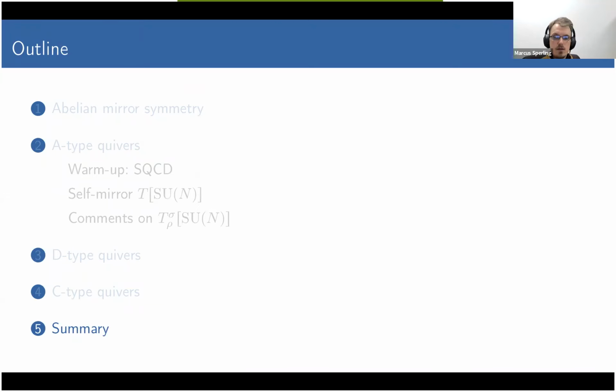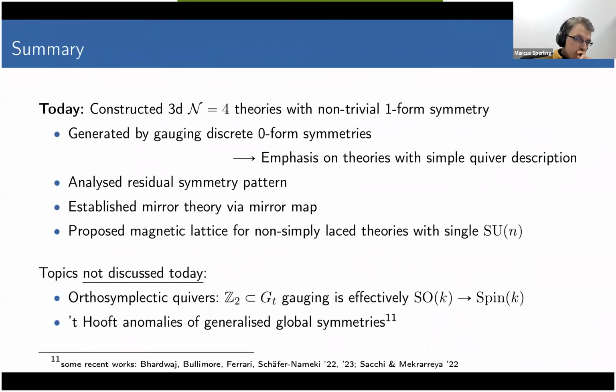So now let me summarize. Basically, the question that we had is what's the mirror of the 3D theory, the one-form symmetry? And the way we went about it is this very nice and very systematic way of doing it. You can generate one-form symmetries simply by gauging abelian zero-form symmetries.